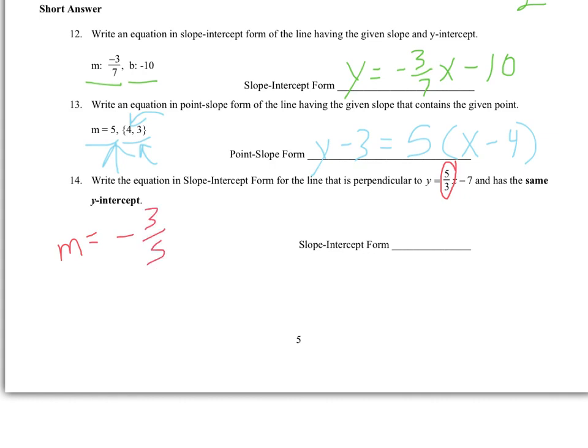Now my y-intercept is the same, so that's going to be -7. So I write the new equation in slope-intercept form, which is simply y equals -3/5x, and my y-intercept, which is -7.